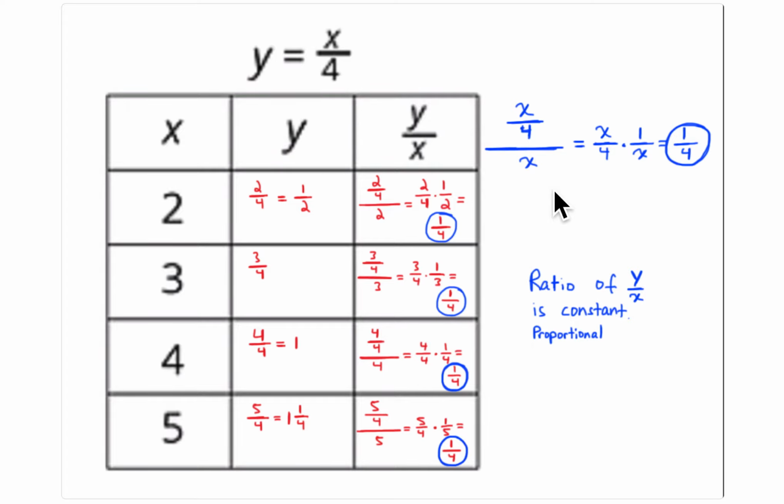All right, if you do this algebraically, it's x over 4 times the multiplicative inverse. So this x is always going to cancel with this x, and so you're always going to get an answer of 1/4. The point behind all this is that it is a constant of proportionality, 1/4. So this is a proportional relationship.